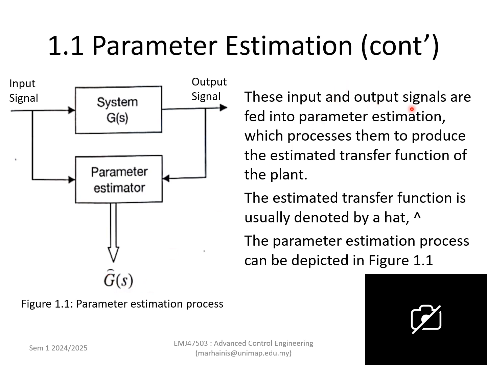So these input and output signals are fed into the parameter estimator, which processes them to produce the estimated transfer function of the plant, G hat (s). The estimated transfer function is usually denoted by a hat. So this is the parameter estimation process.